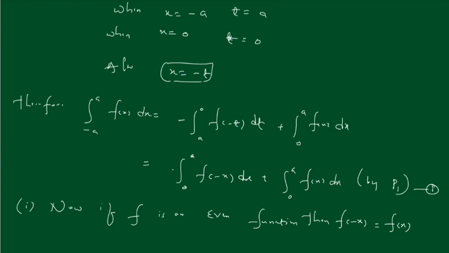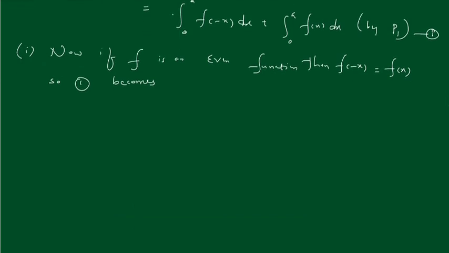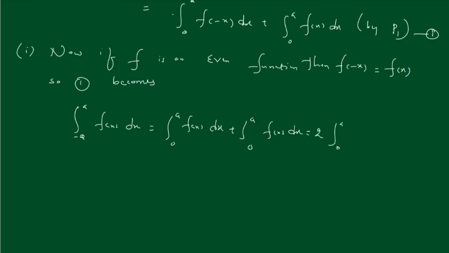So equation 1 becomes: the integral from minus a to a of f of x dx equals the integral from 0 to a of f of x dx plus the integral from 0 to a of f of x dx, which equals 2 times the integral from 0 to a of f of x dx.